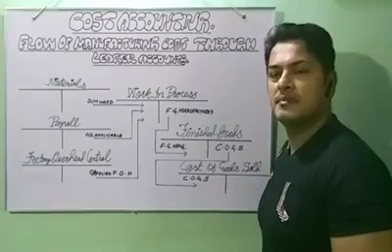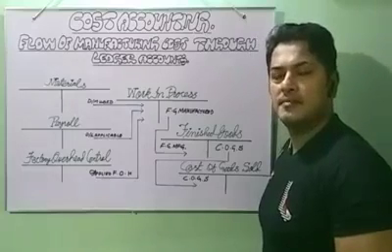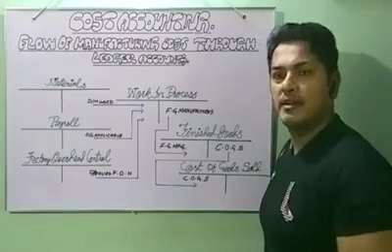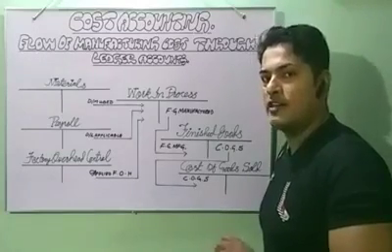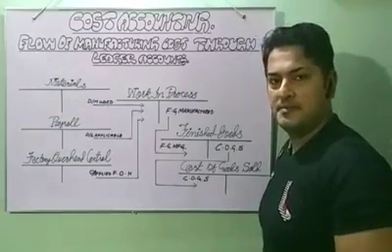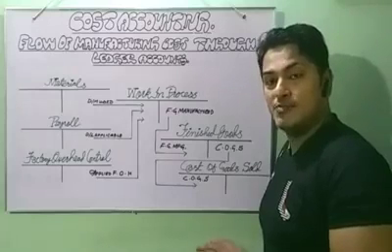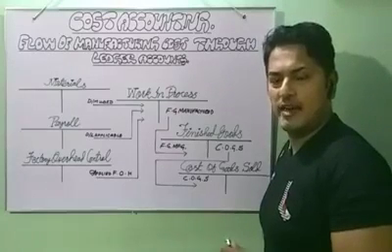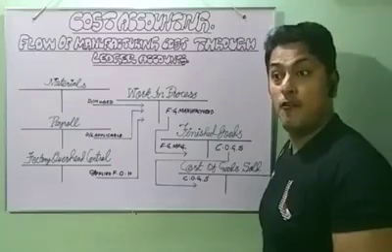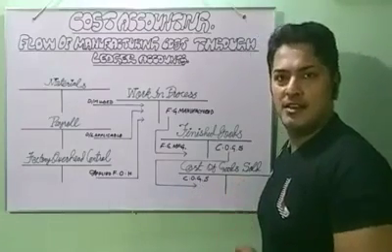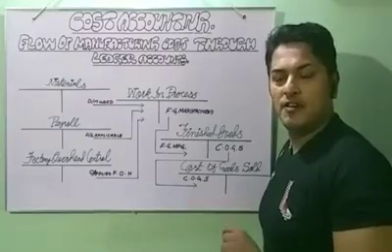Indirect materials are being used in a small quantity, and the cost of these small quantity raw materials is not possible to calculate for a specific good or a specific item.